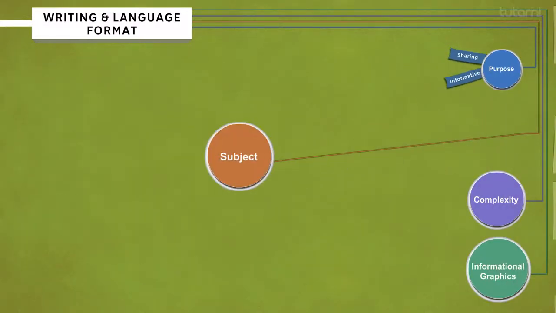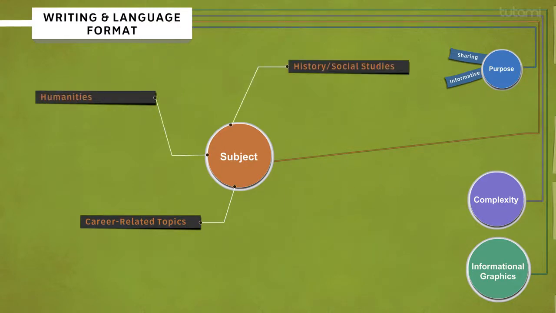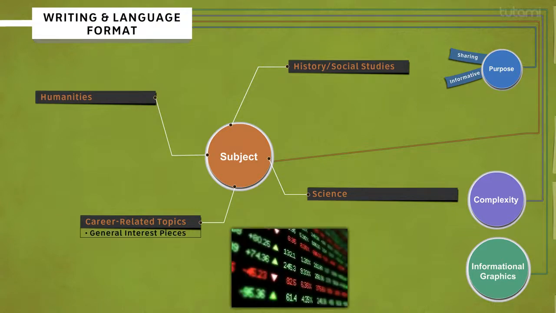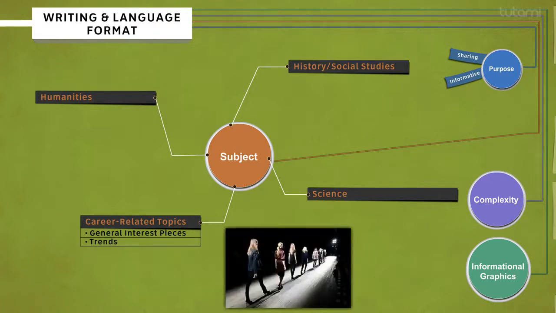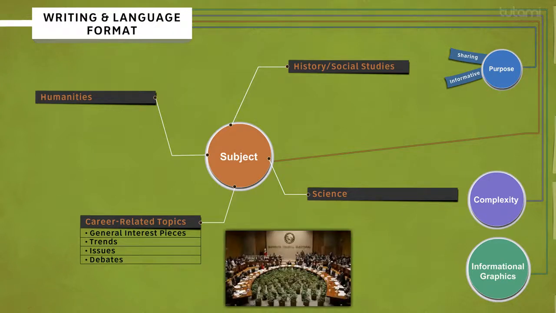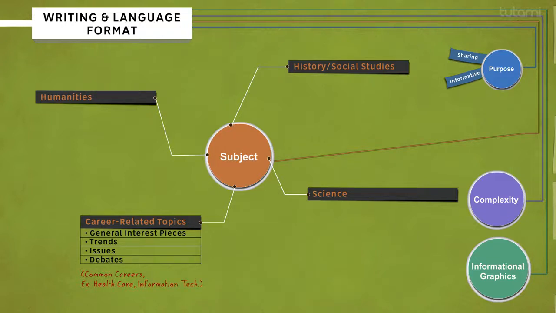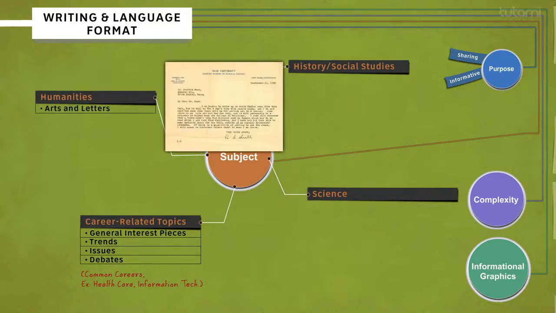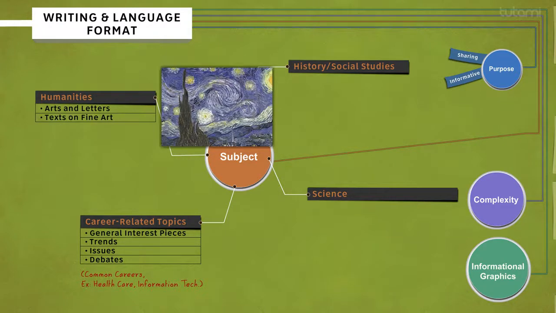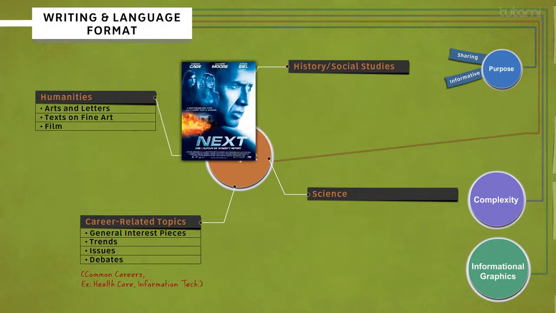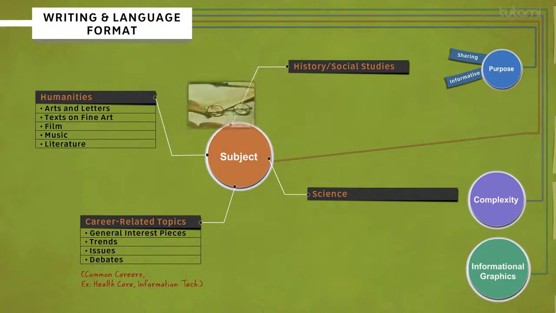Now, the subjects on this portion of the test include career-related topics, humanities, social studies, history, and science. Career-related topics will be general interest pieces such as trends, issues, and debates found in common careers such as healthcare and information technologies. Humanities passages focus on the arts and letters and include texts on fine art, film, music, literature, and so forth.